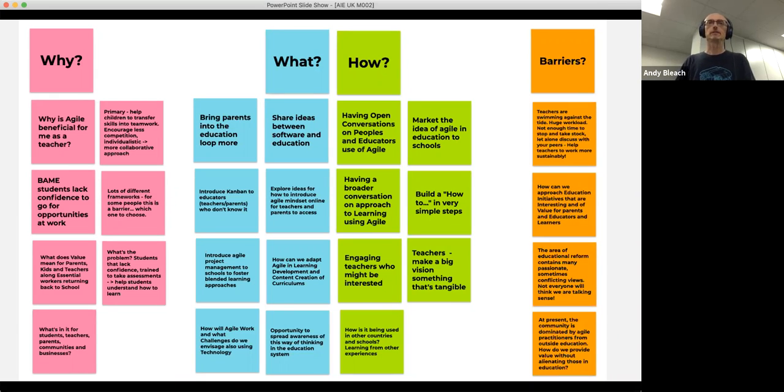So if you're interested in having a discussion about how best to reach out to teachers, then pop your name under room 1. If you're interested in the idea of organising a festival, then pop your name under room 2. And then if there's anybody who's an Agile novice, a newbie, then pop your name under room 3. And we'll create some breakout groups and go and have some really meaty, juicy discussions. So does that make sense to everybody?